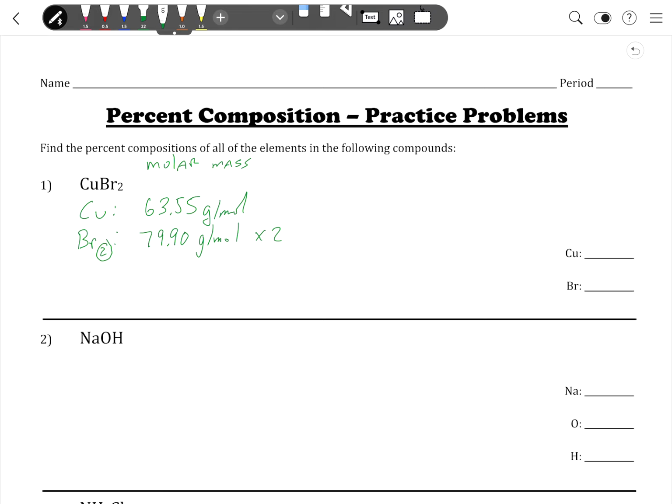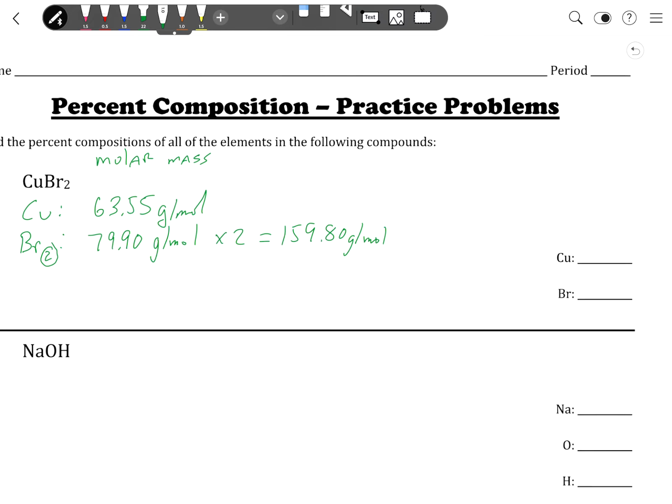I'm going to calculate it real quick. I'm not going to try to do anything in my head. 79.9 times 2 equals 159.80 grams per mole. Okay, so we've got all that taken care of.